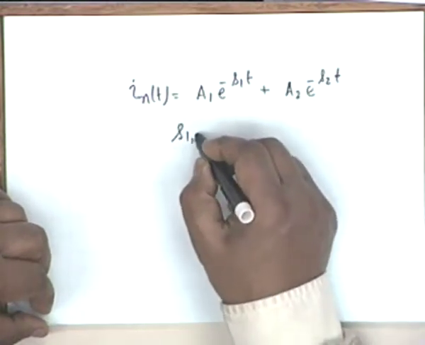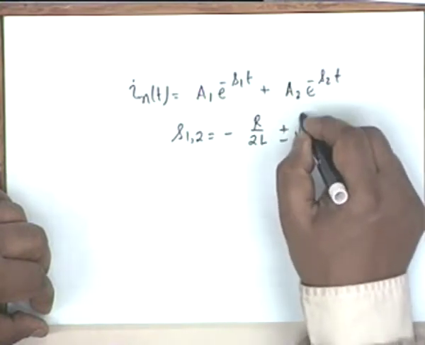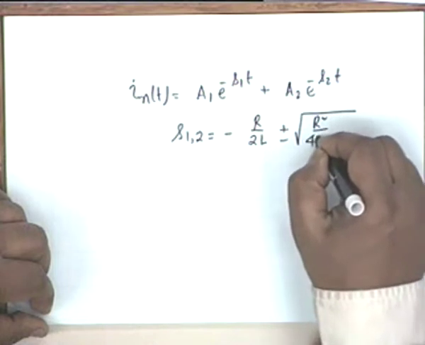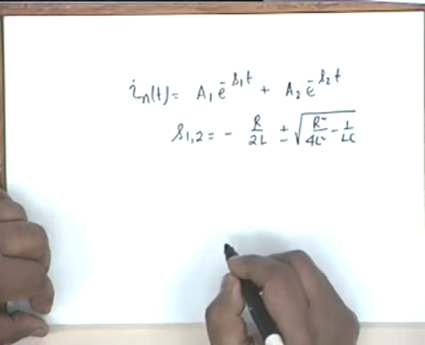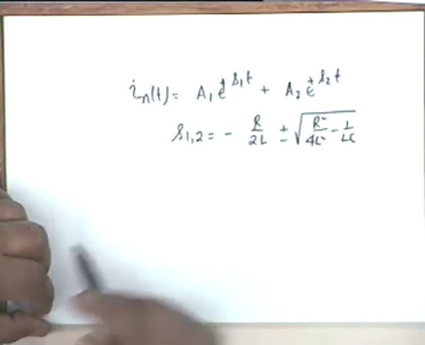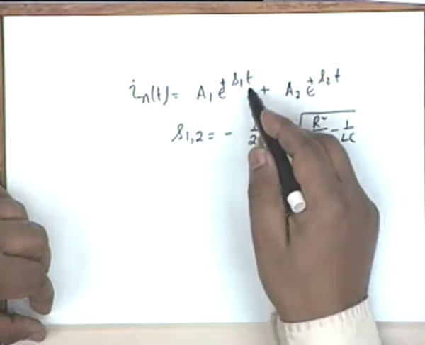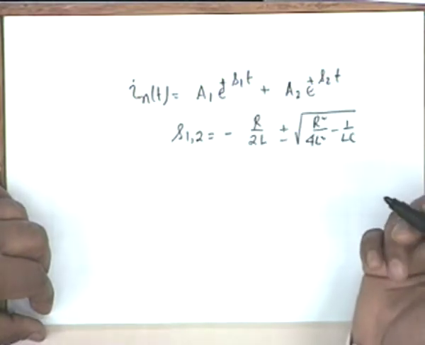You recall we wrote S1,2 equal to minus R by 2L plus minus square root of R squared by 4L squared minus 1 over LC. It should be plus S1, alright. Don't allow me to make a mistake. S1 and S2 themselves are negative. So it would be A1 e to the S1t plus A2 e to the S2t.